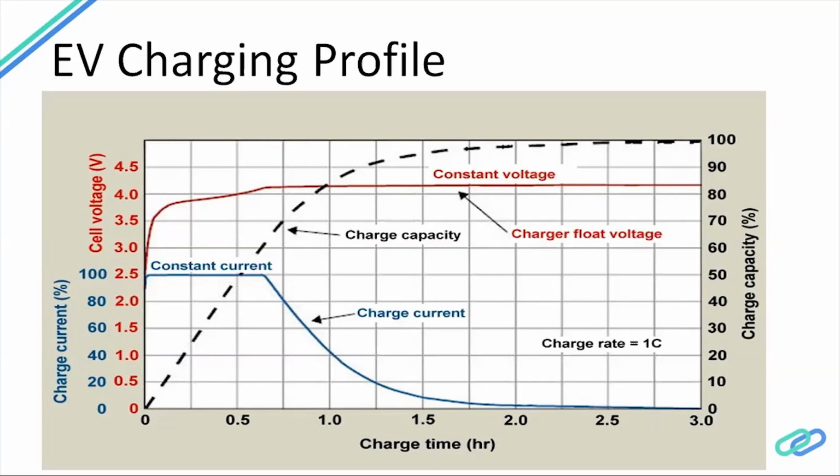In the next stage, the constant voltage mode, the remaining 30 to 35% of the battery gets charged. So this way every lithium ion battery charging works. This is the basic charging profile for any lithium ion battery. Right?